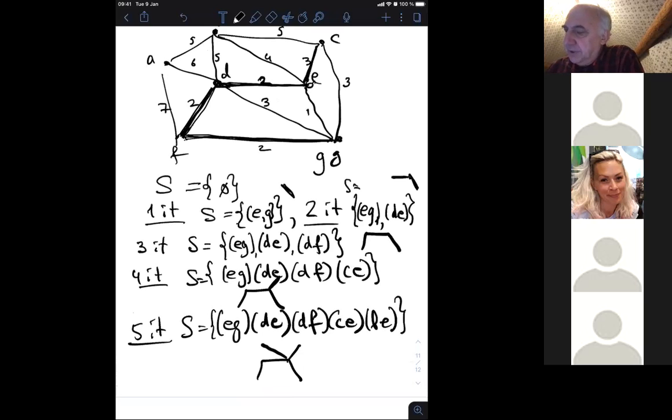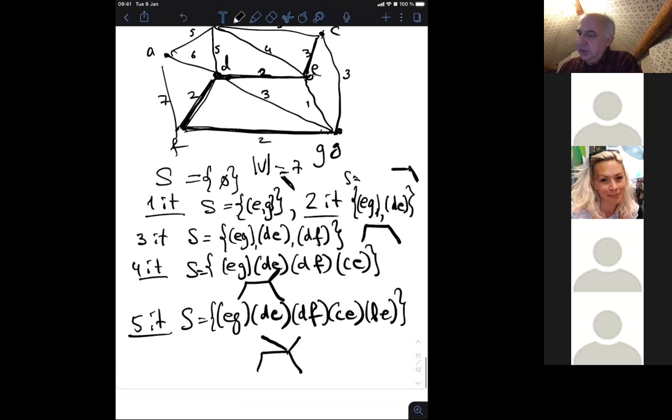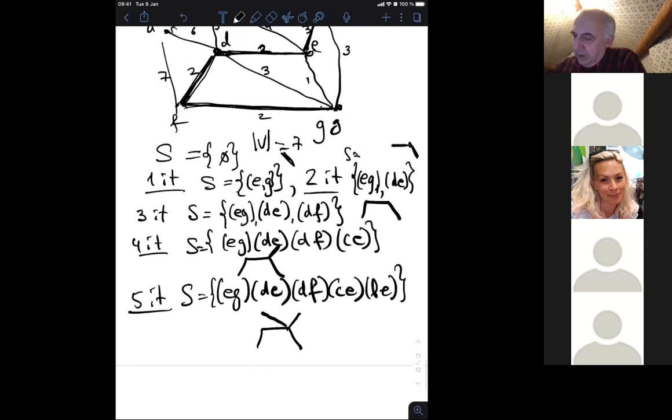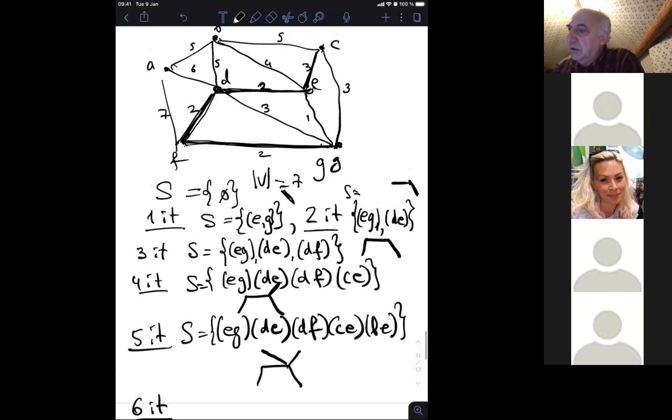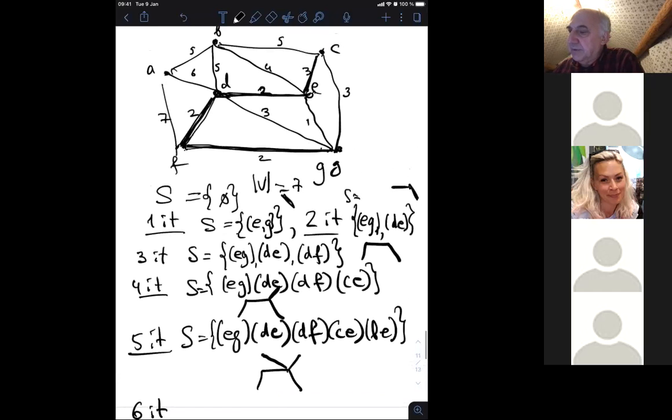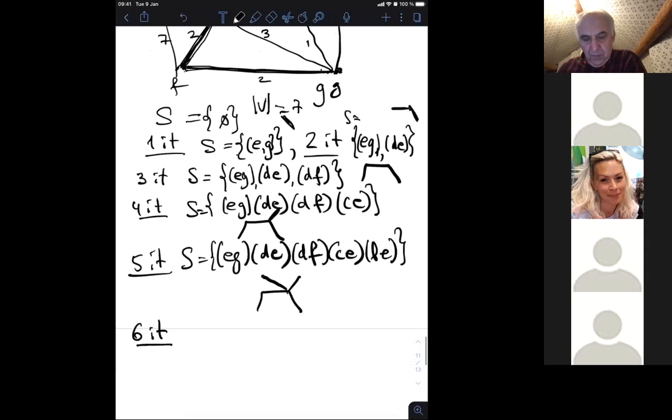Our total number of vertices from the beginning was, how many vertices do we have? A, B, C, D, E, F, G. So we have 7 vertices. So we have to pick 6 edges. So we already have picked 5 of them. And now the last iteration would be, we'll be adding the edge BC to this thing, which has length 5.